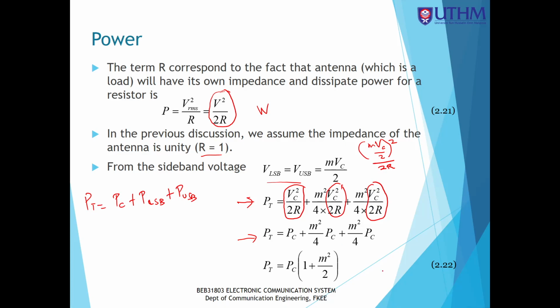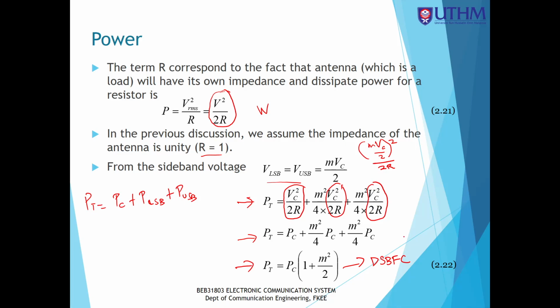And finally we get PT equal to PC multiplied by 1 plus M squared over 2. Remember, this is only true for double sideband full carrier.